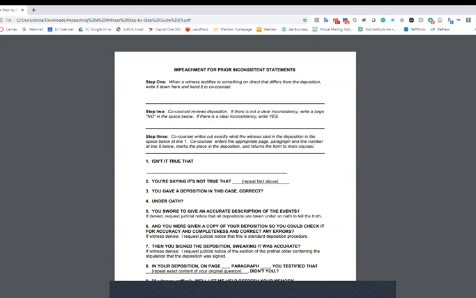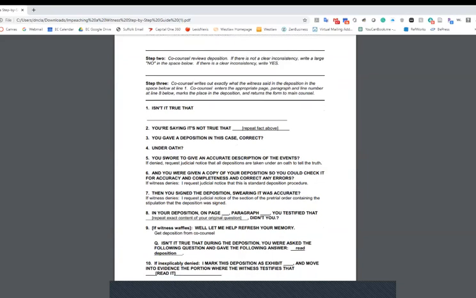And you swore to give an accurate description of the events? You were given a copy of your deposition so you could check it for accuracy and completeness and correct any errors, correct? Then you signed the deposition swearing it was accurate, correct? Now, in your deposition on page number 1, paragraph number 2, you testified that X, Y, and Z, didn't you?